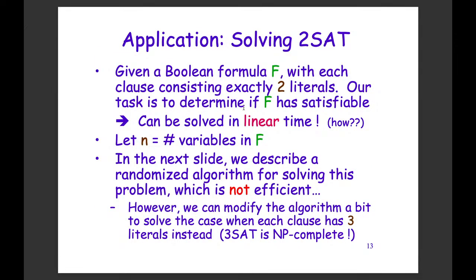So we are given a formula f, and this formula f consists of n variables, and each of the clauses in the formula f has two literals. What we want to do here is find an algorithm for checking whether there is a certain assignment of the variables to either true or false, so that the overall result of the formula becomes true.